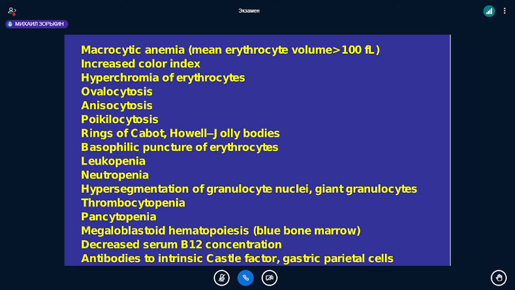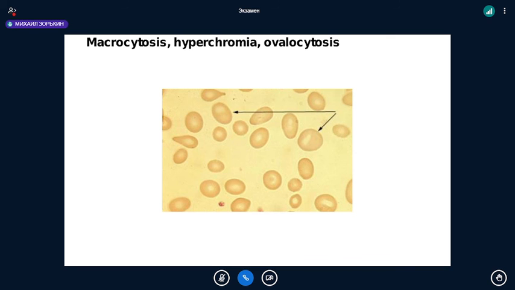But usually, the common signs of B12 deficiency are megaloblastic type erythropoiesis, where puncture of the bone marrow is very necessary, MCV more than 100, hyperchromic character of the anemia, rings of Cabot, Howell-Jolly bodies. That's it. This is enough to confirm the presence of B12 deficiency.